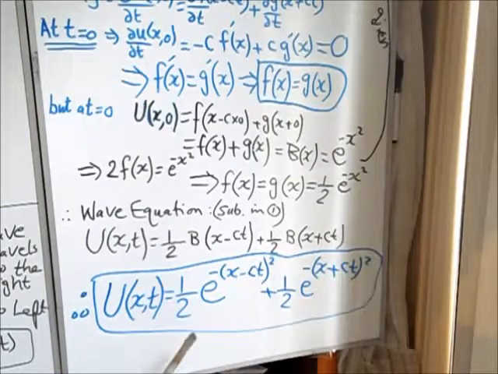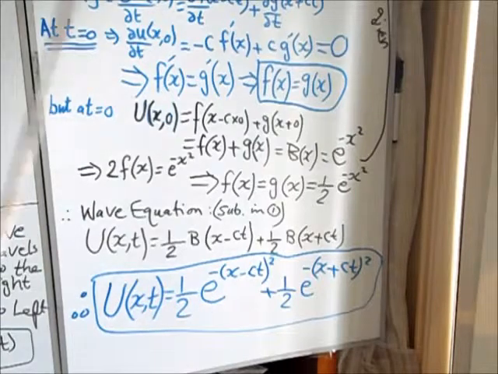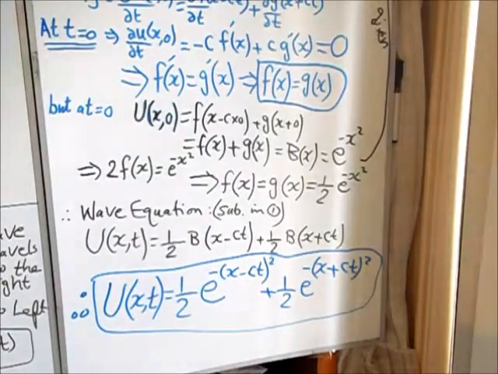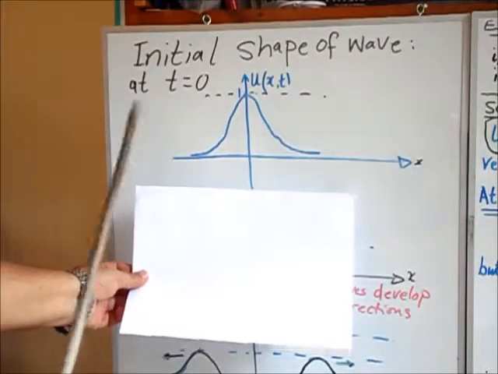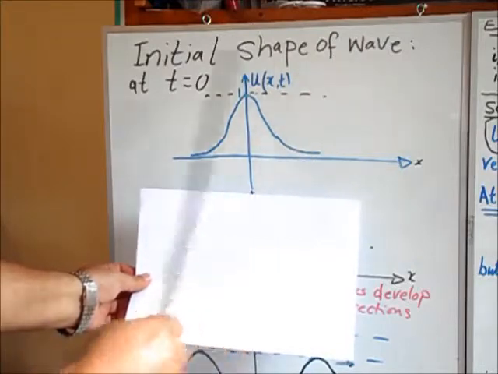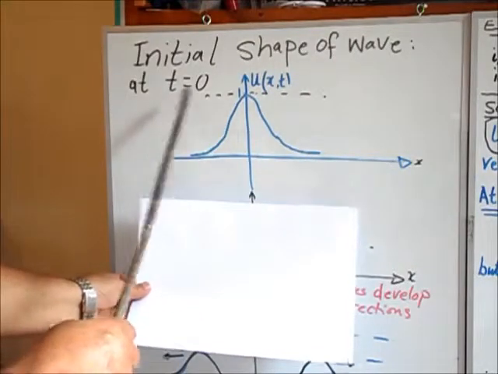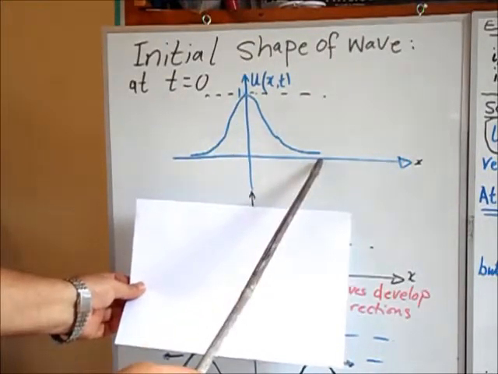And if we plot this function and the initial function, we will see how the shape of the initial wave has split into two smaller waves. One moves to the left and one moves to the right. Okay, now if we draw the initial shape of the wave at t equals 0, it's an exponential function.